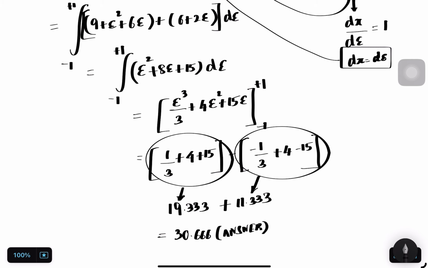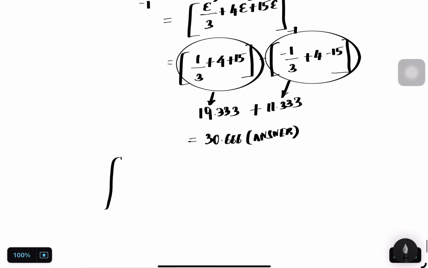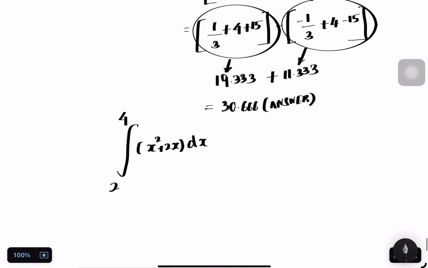So let us do this problem by the exact method, where the integral is from 2 to 4 and the function is x square plus 2x. Of course, you are going to integrate with respect to x. So if I just integrate this, I will be getting x cubed by 3.